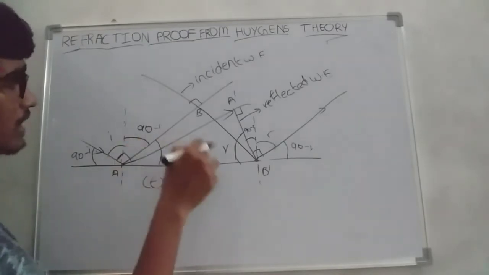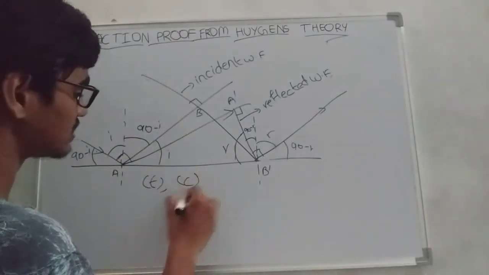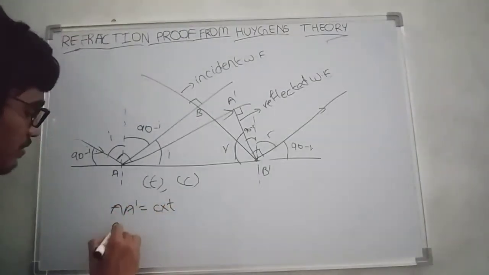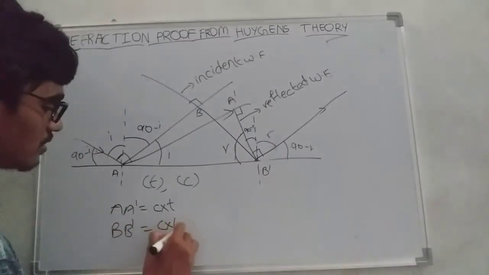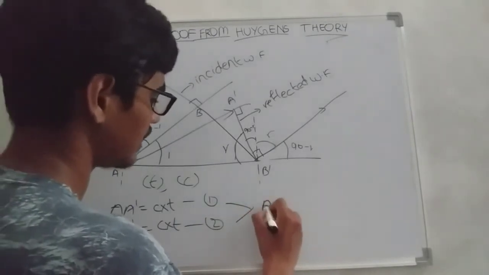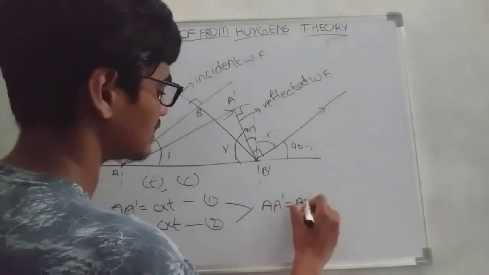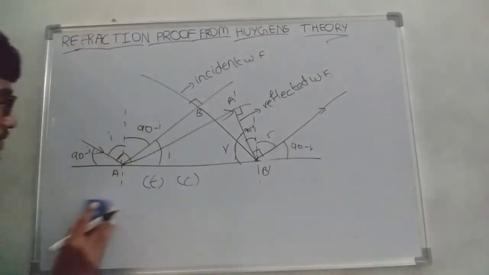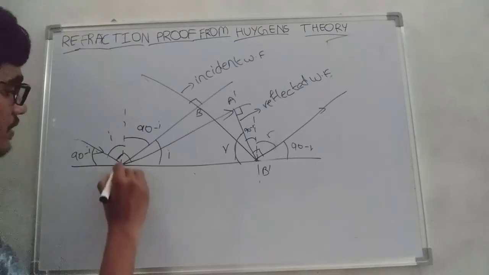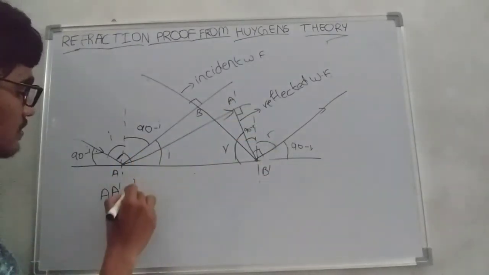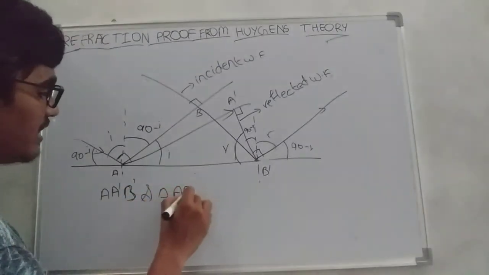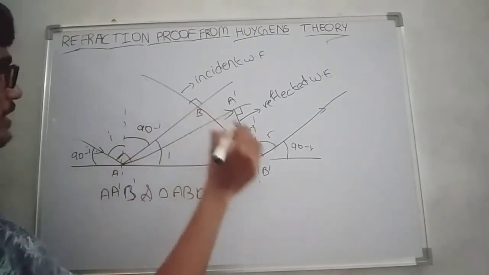These two rays are in the same medium, so they have common velocity c. So we can write A dash is equal to c into t and B dash is equal to c into t. From these two we get that A dash is equal to B dash. Here we get two triangles, A dash B, A dash B dash, and triangle A B dash, A B, B dash.